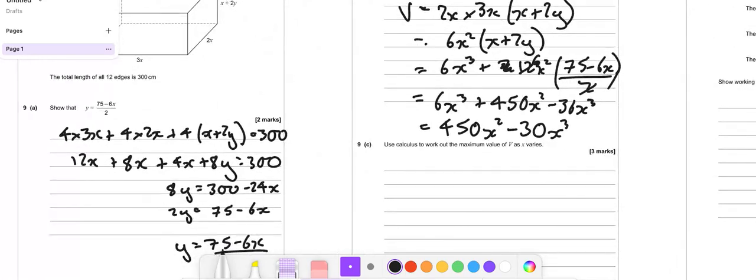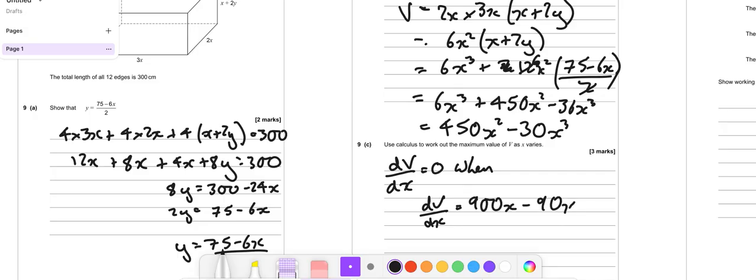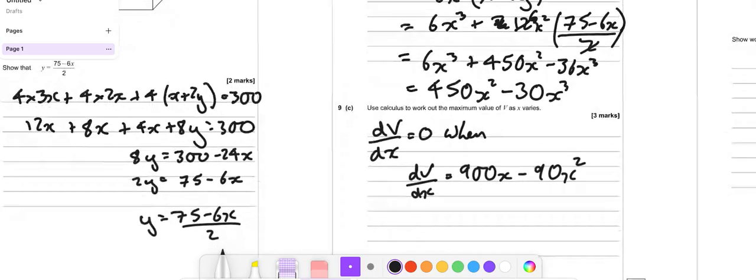Use calculus to work out the maximum value of V as x varies. So we want to see when dV by dx equals 0, when dV by dx equals 900x minus 90x squared.